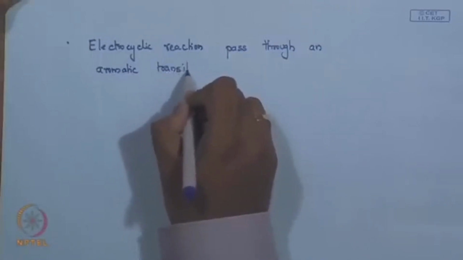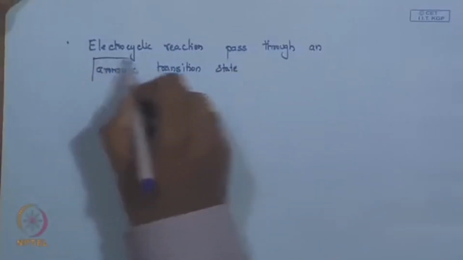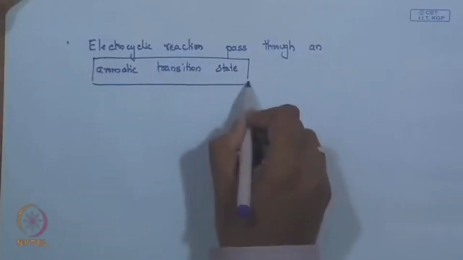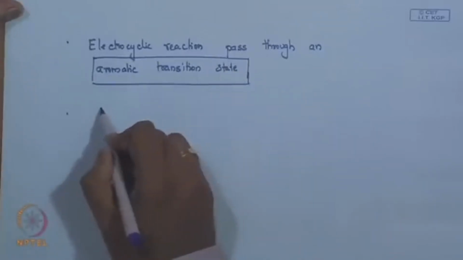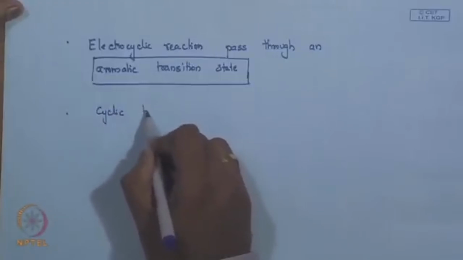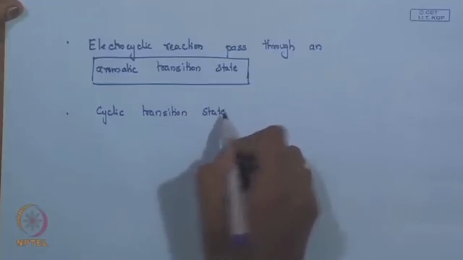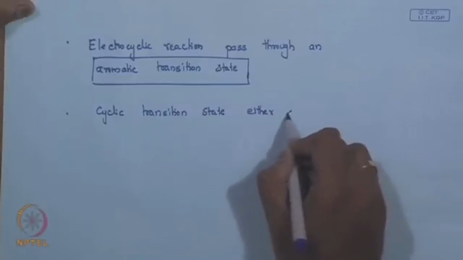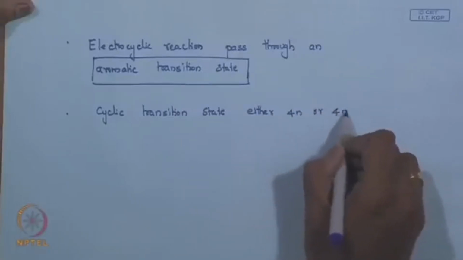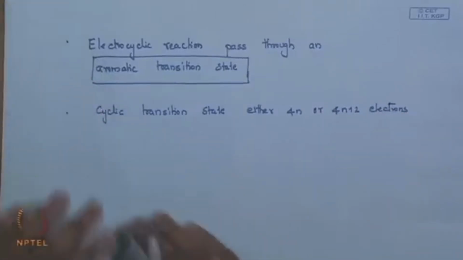If you see this cyclic transition state, either 4n or 4n+2 electrons will be involved in it.